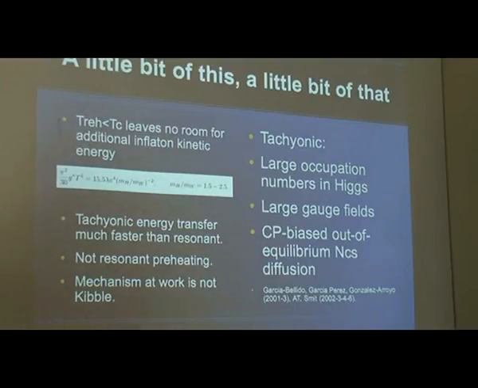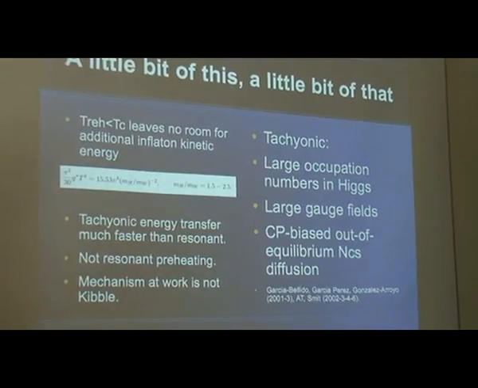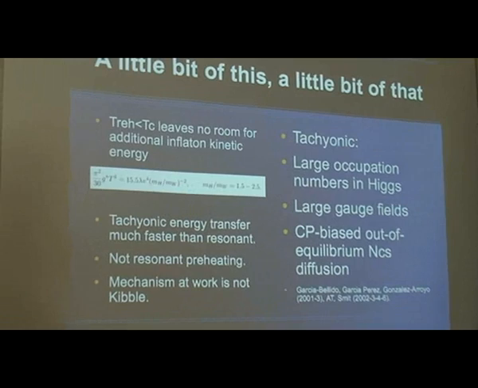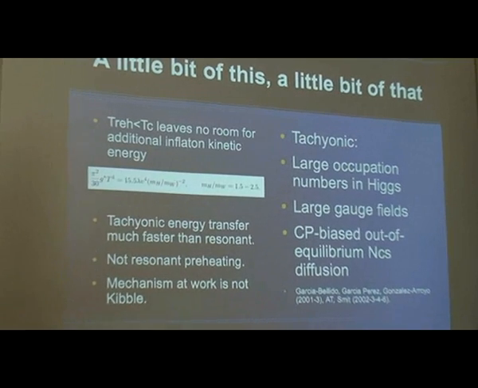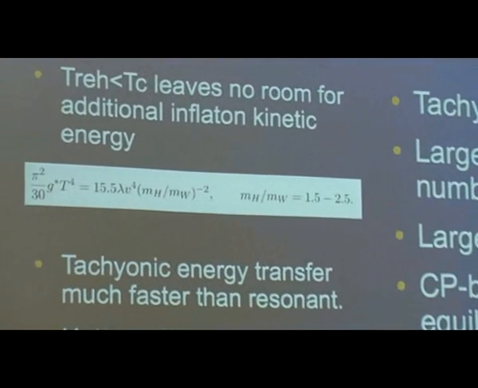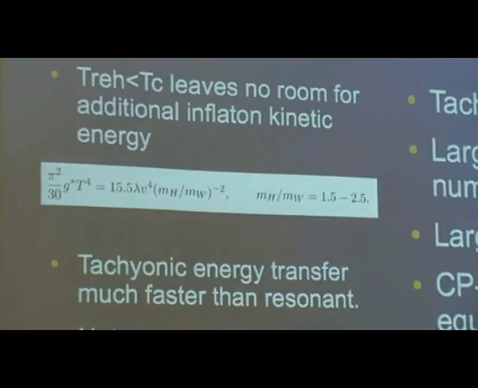Now if you take the energy you have in the potential of the Higgs field that it rolls down from, and distribute it over the degrees of freedom of the standard model, you discover that if you want to be below the critical temperature, there's not much room to add extra energy from some inflaton with large kinetic energy. And so the inflaton cannot be dominant in energy.